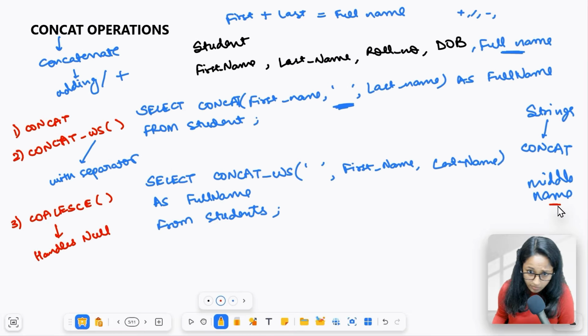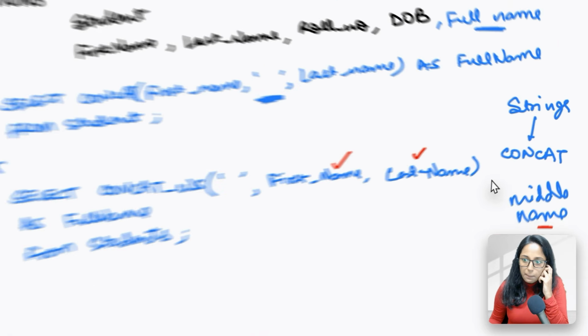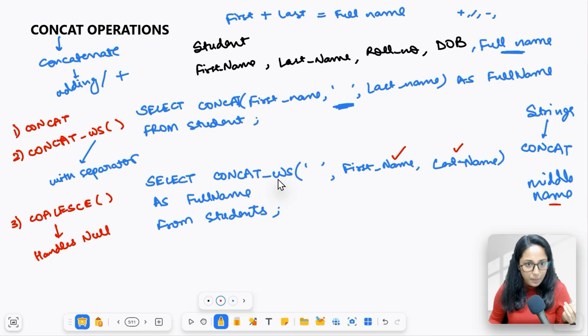It is not necessary, but we have seen that almost all folks have a first name and a last name. We cannot mandate the category of middle name. And if we use this, then we will end up having one extra space instead of the middle name. That's correct. So in that case, this coalesce function will come into the picture, which will help us to handle the null part.